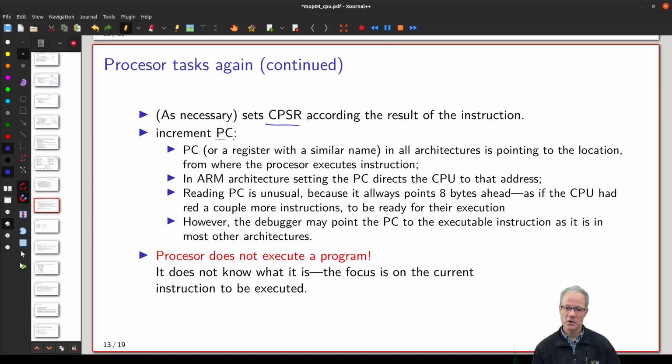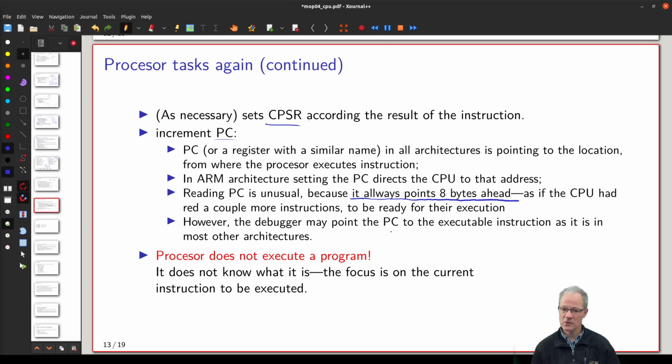And then the PC, the program counter, is being incremented. And as I promised, it's a little bit strange for ARM architectures because it always points 8 bytes ahead. Okay. There are some technical reasons for that, but that's how it is for ARM architecture.